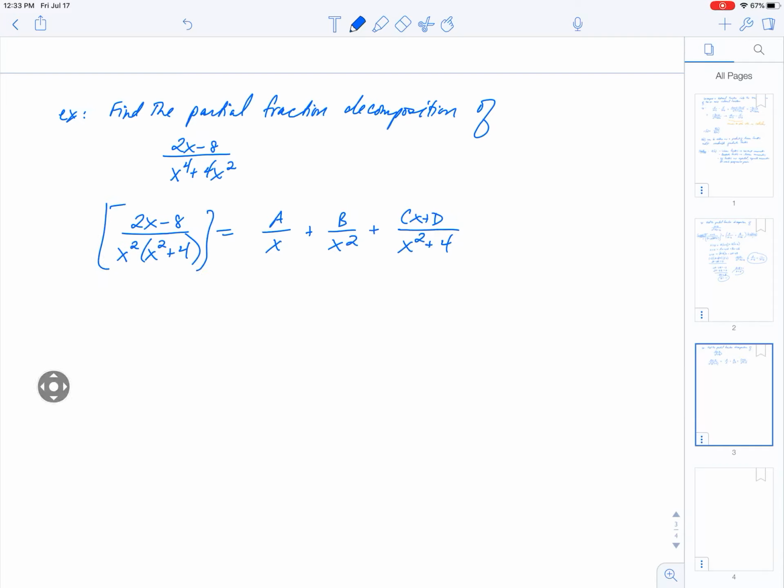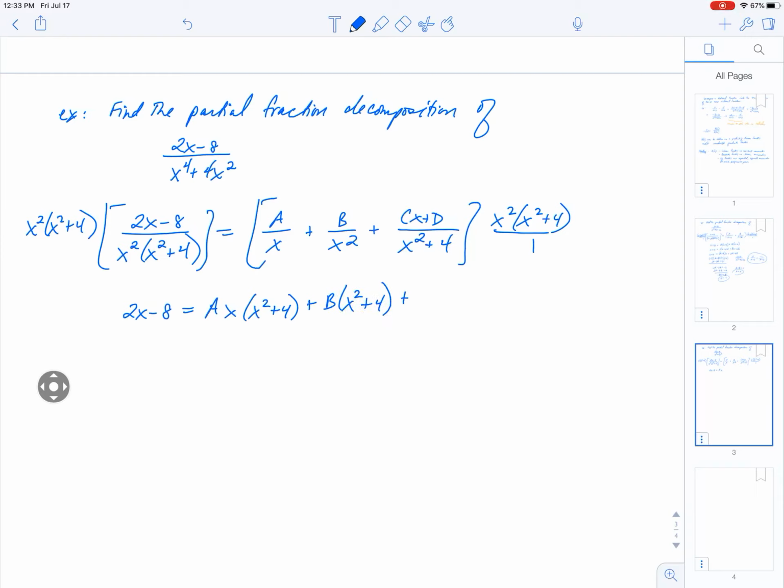So it's going to be x squared times x squared plus 4. Okay, and so we're going to get 2x minus 8 is equal to ax times x squared plus 4 upon distribution plus b times x squared plus 4 plus it's going to be cx plus d times x squared.